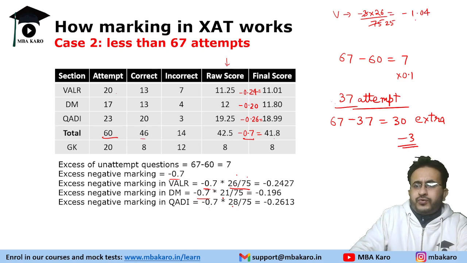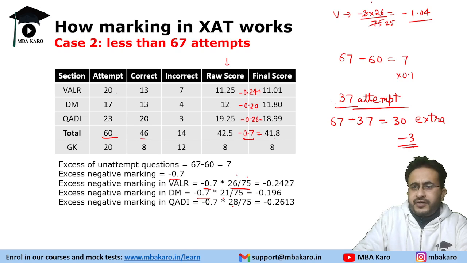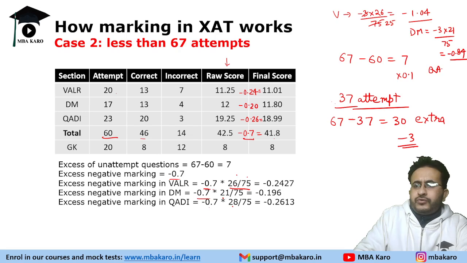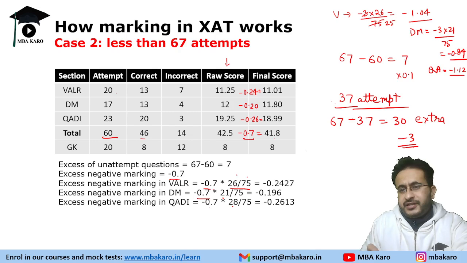So whatever your score was, you will lose 1.04 here. In DM, you will lose 21 by 75, which is 0.84, and in QA you will lose 1.12.